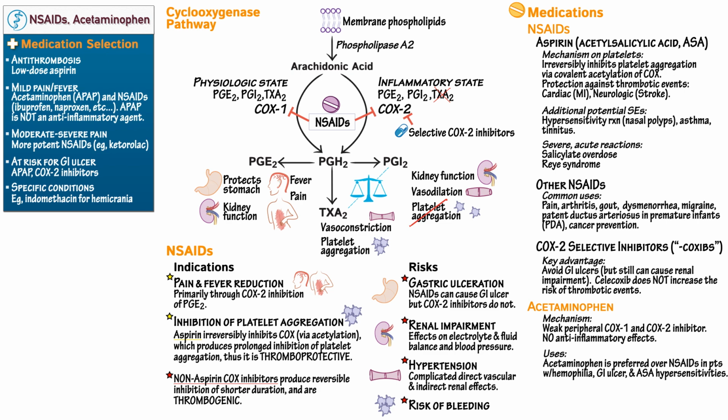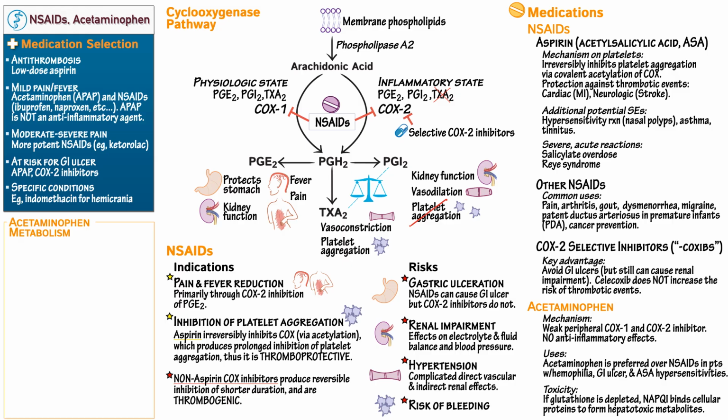Write that in acetaminophen metabolism, if glutathione is depleted, NAPQI, a potentially toxic metabolic intermediary, binds to cellular proteins to form hepatotoxic metabolites. Let's take a close look at how this toxicity can form. Show that acetaminophen has some safe metabolic pathways to form non-toxic products.